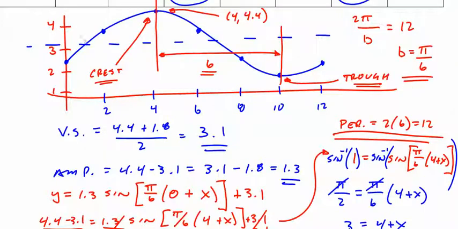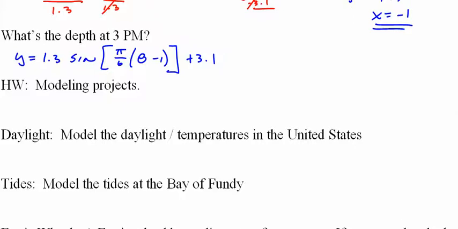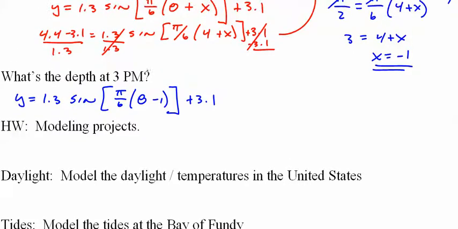And if we look at this, that's our horizontal shift. It looks like it's about 1. That's how far over we went till we get to the start of our sine graph. So what's going to be at 3 p.m., also known as 15 hours? Can't repeat to 3, it'll give us 3 a.m. So we plug all this in.